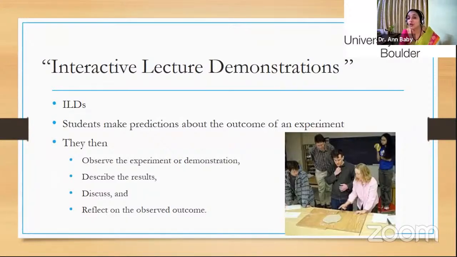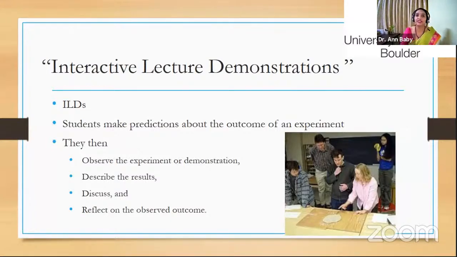In the University of Colorado, they have something called ILD, Interactive Lecture Demonstrations. This is very interesting. This is used there for their science subjects. Okay. You describe an experiment, the aim of the experiment and the procedure of the experiment. You do not tell them what is the result. You make the students guess what is the result.